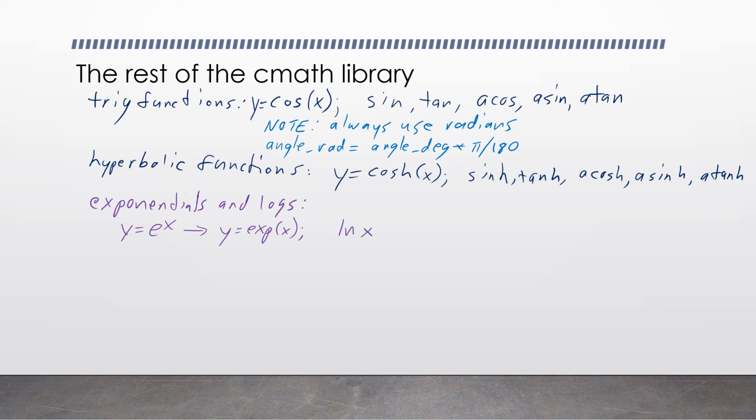Natural log of x in C becomes y equals log of x. For historical reasons, they made log the natural log, and if you want log base 10 of x, that's y equals log10 of x.